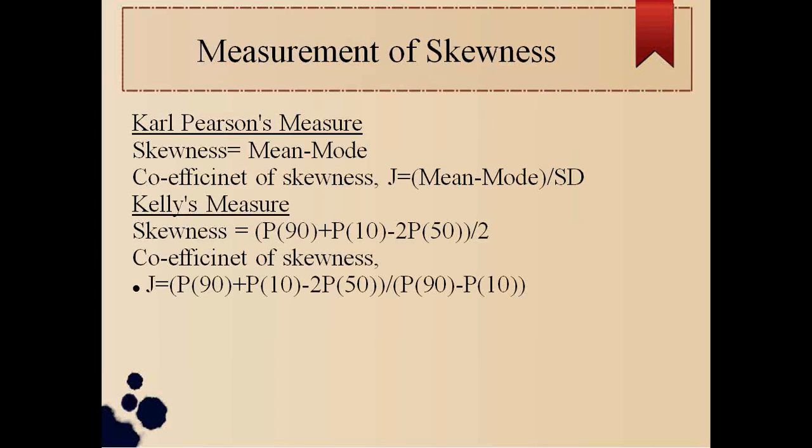And for skewness, we have two formulas: Karl Pearson measure, which is simply the difference of mean minus mode, and in Kelly's measure, skewness is equal to P90 plus P10. What's P, madam? P is percentile. 90th percentile plus 10th percentile minus 2 times the 50th percentile, divided by the 90th minus the 10th. I will mention it in the presentation.